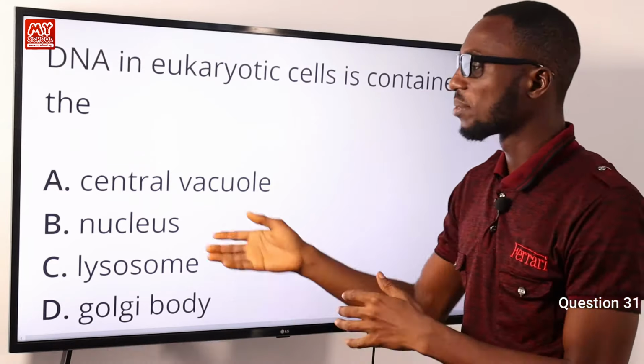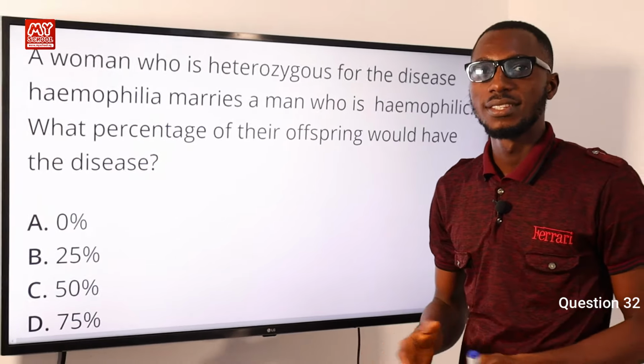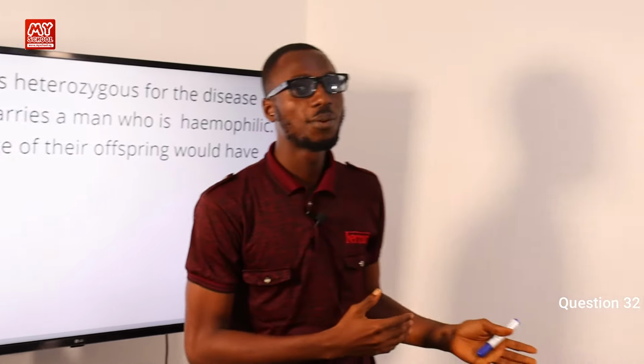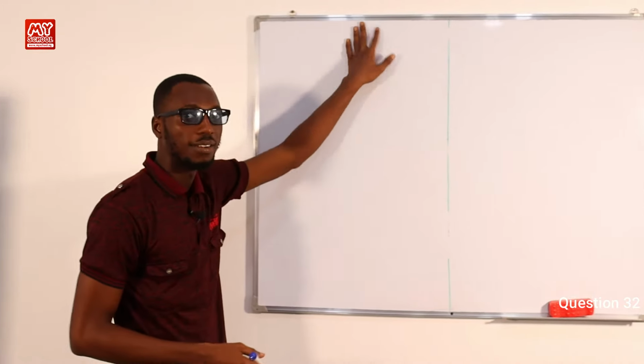Question 32. A woman who is heterozygous for the disease hemophilia marries a man who is hemophilic. So what percentage of their offspring would have the disease? We can solve this question using the Punnett square. So the male and the female.